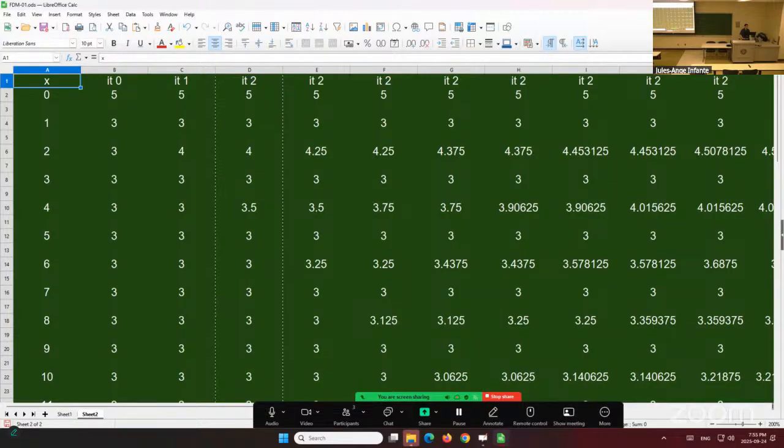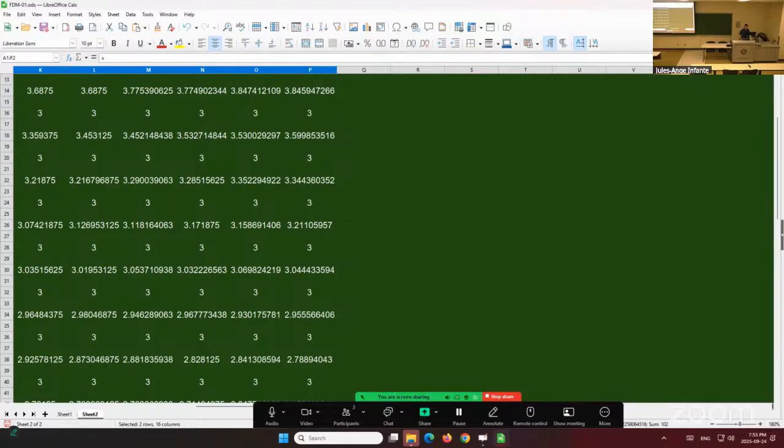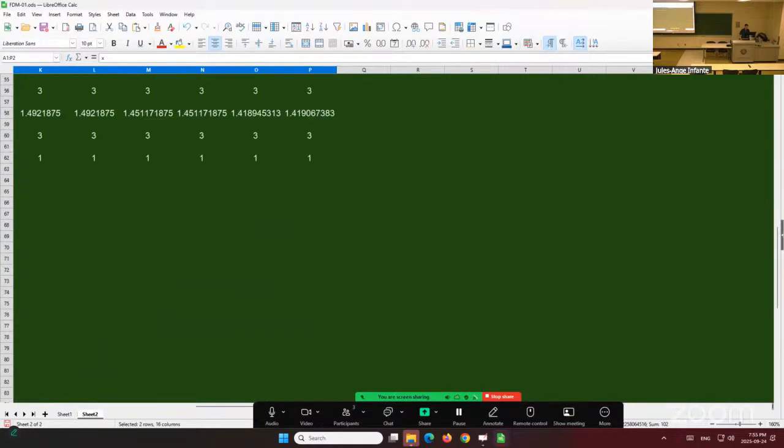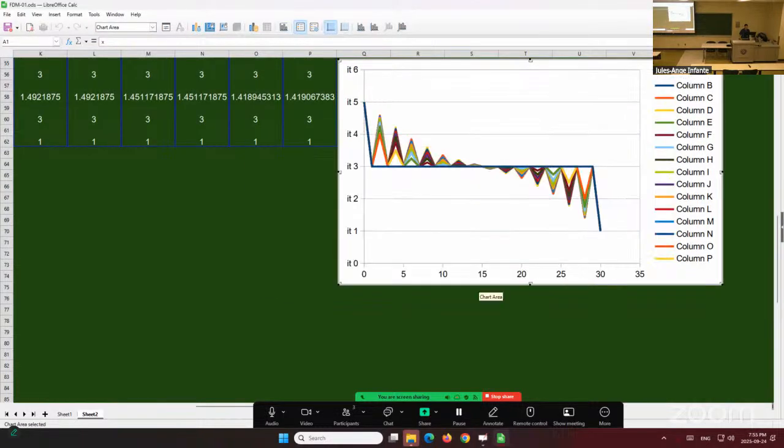Let's start plotting. So we see that we get steps along the way. Eventually it will go towards a value.